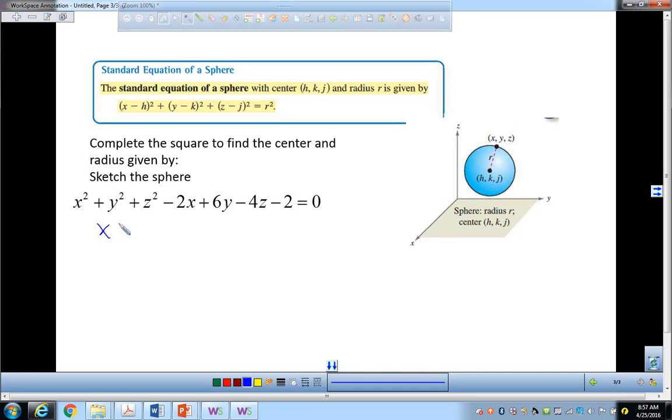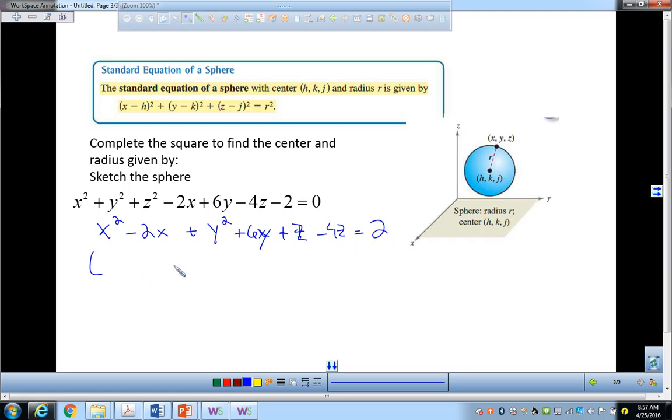And so you have x squared minus 2x. I'm going to group all my x and y terms together like you do when you complete the square. Minus 4, z squared plus z squared, right? Plus z squared minus 4z. And then I bring my constant term over to here.